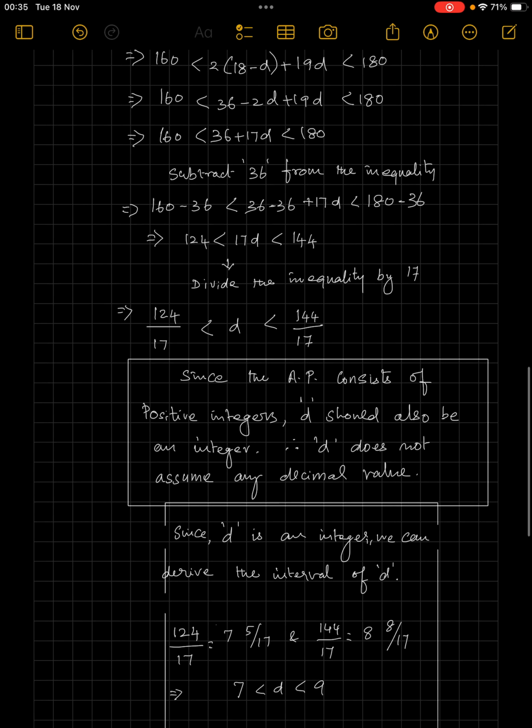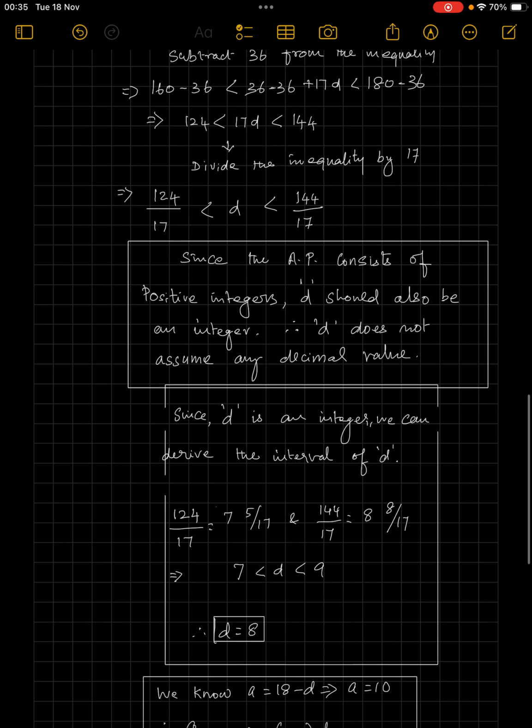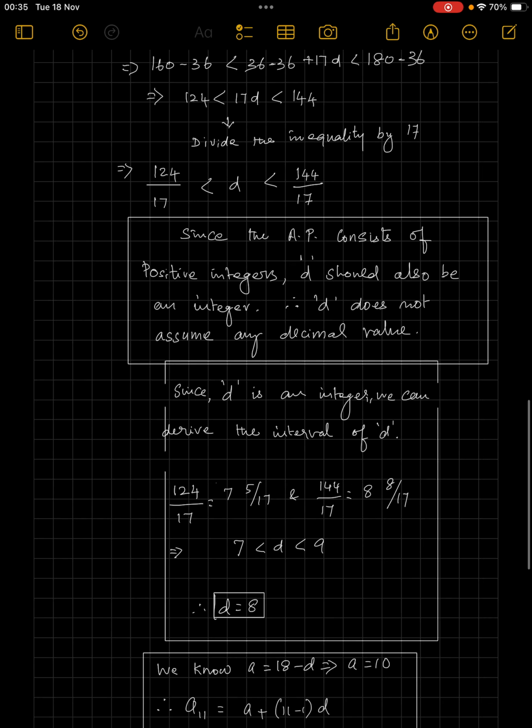Let's see. 124 divided by 17: 6 times 17 is 102, and 7 times 17 is 119. So 124 by 17 we can write as 7 and 5 by 17.